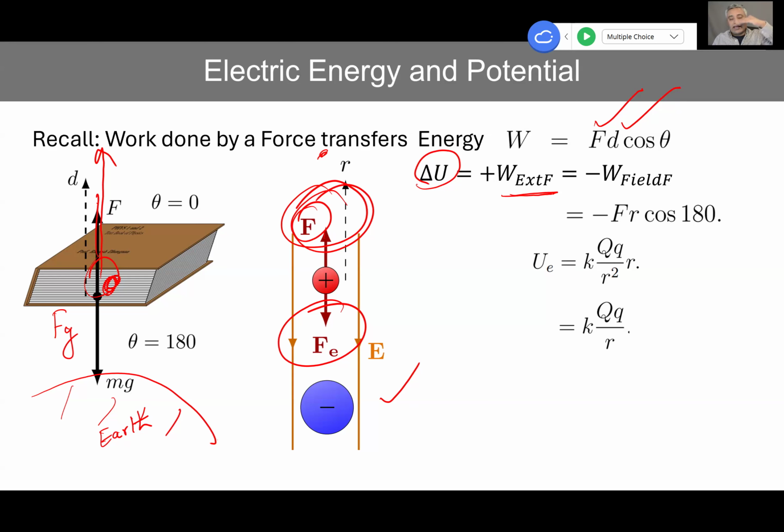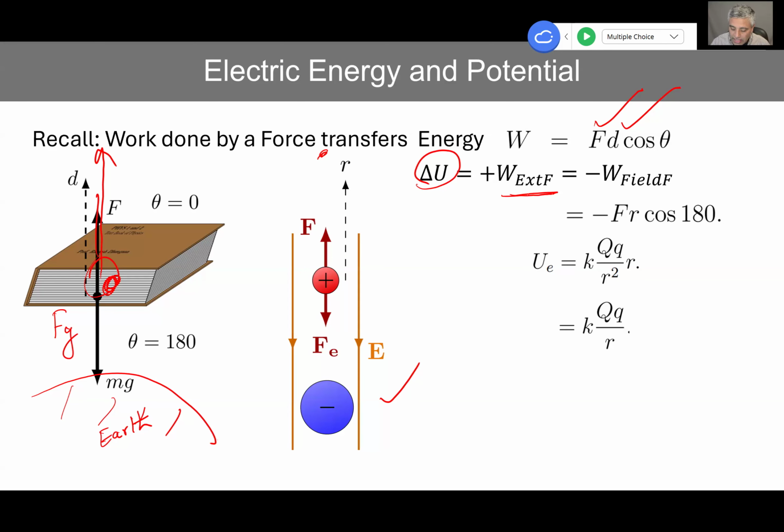Because of that, as height increases, its gravitational potential energy rises. Same thing goes with electric potential energy as well. So if we look at work done by this, that would be positive because theta between R and F is 0 degrees.